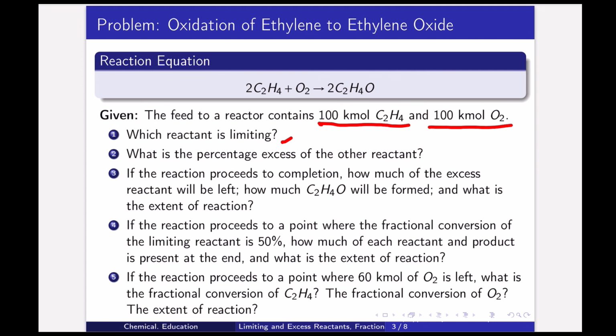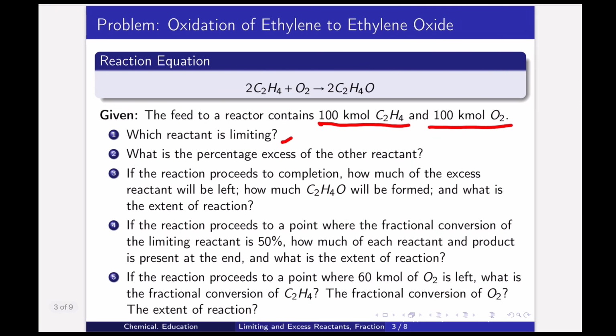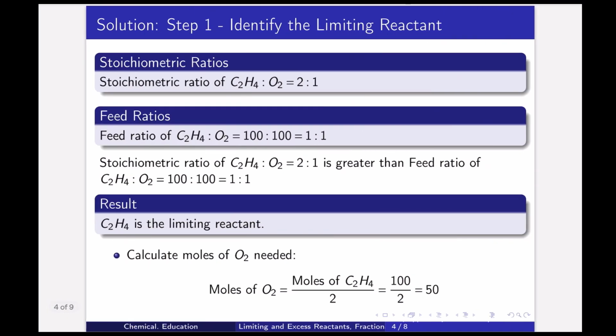First, which reactant is limiting? First I have to find the limiting reactant from the stoichiometric ratio. The equation is given: 2C2H4 and oxygen. So the stoichiometric coefficient for C2H4 is 2 and for oxygen is 1. So the stoichiometric ratio of C2H4 to O2 is 2 to 1. Now the feed ratio: both reactants enter the reactor at 100 kilomole, 100 kilomole.